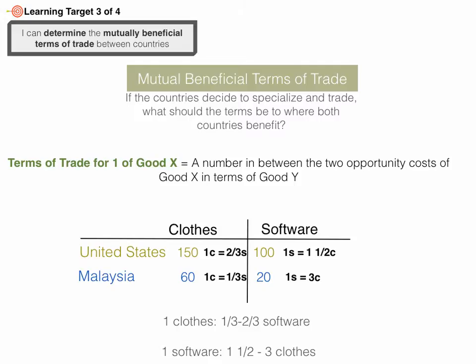So, for example, if the term of trade was one software for 2 clothes, that would benefit both the United States and Malaysia. If it was one software for 3 clothes, that would not be mutually beneficial. That would only benefit the United States. If it was one software for 5 clothes, that would not be beneficial at all.